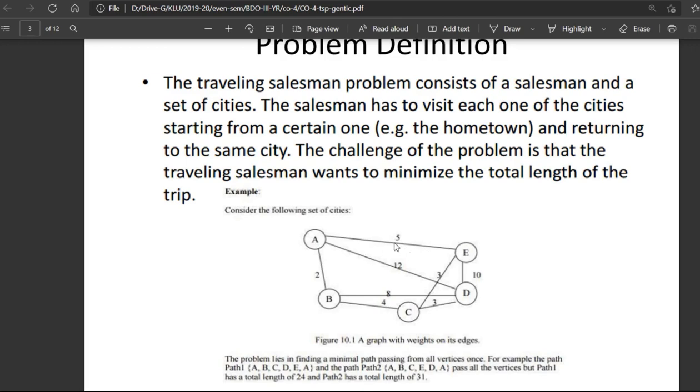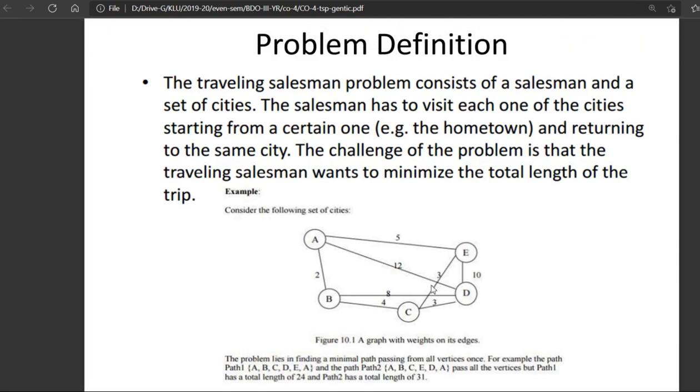So you can see 5 is the unit distance between A and E. Similarly, 10 is the unit distance between E and D. Similarly, wherever there is a path between two cities, an edge is drawn and immediately the length is also represented.